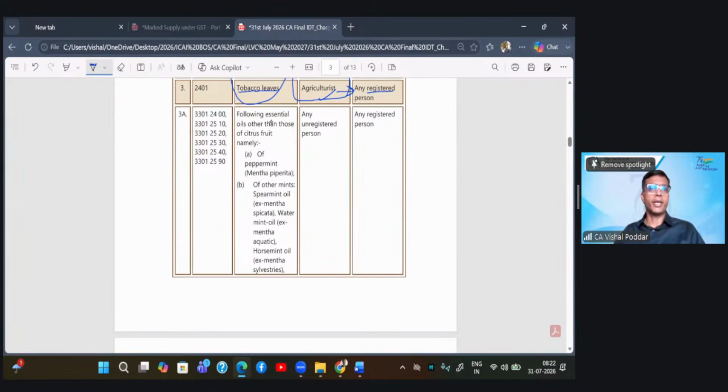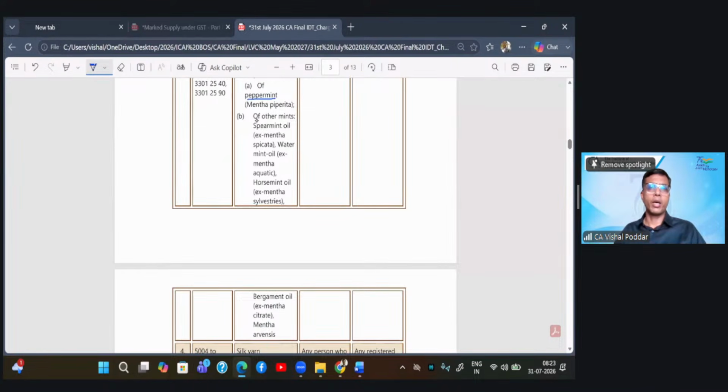Then comes another item. Now, these are what? Some types of essential oils made from specific items, like specific fruits, but not citrus fruits. Now, what are these oils relating to? These oils are of peppermint or of other mints.